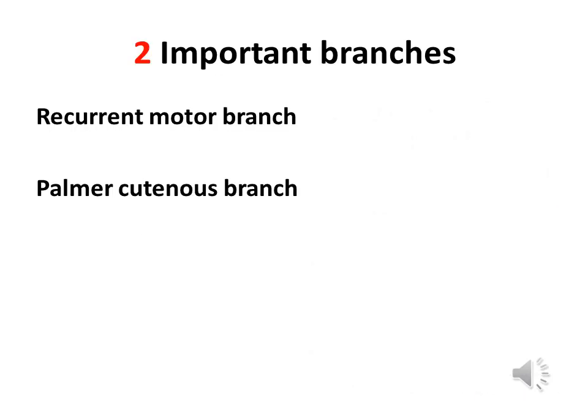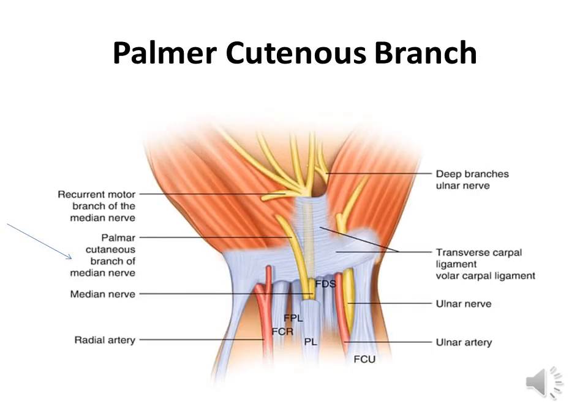We have two important branches of the median nerve. We should know them as they have clinical importance: the recurrent motor branch of the median nerve and the palmar cutaneous branch of the median nerve. Try to find the palmar cutaneous branch in this photo. Yes, it is the branch which lies superficial to the transverse carpal ligament, so it isn't in the contents of the carpal tunnel.